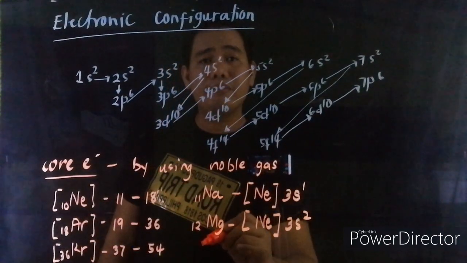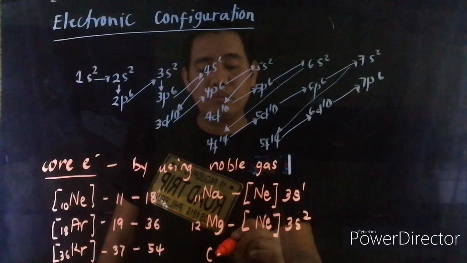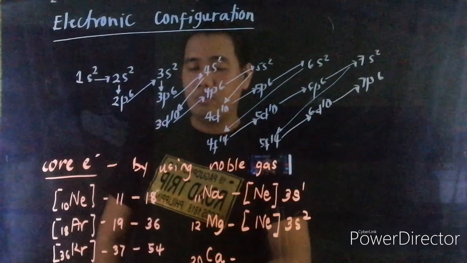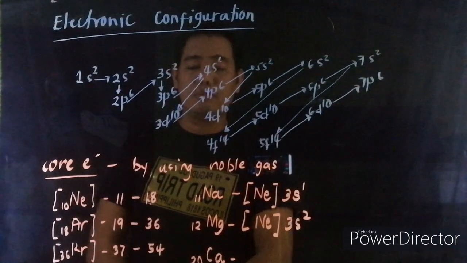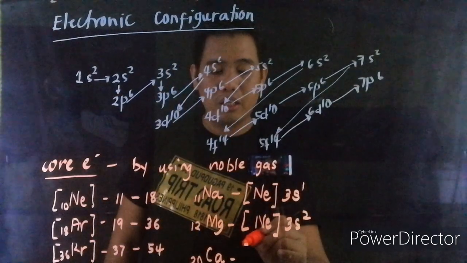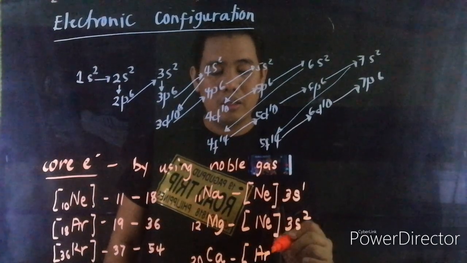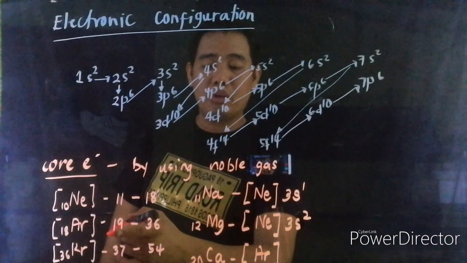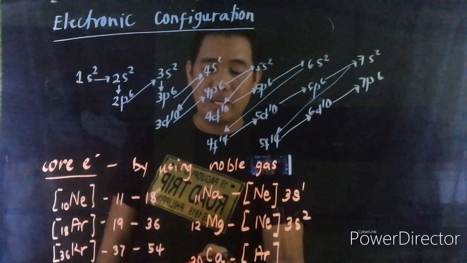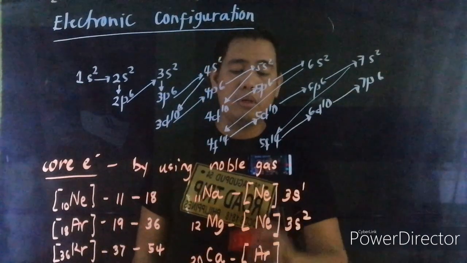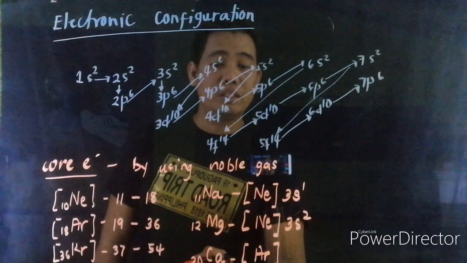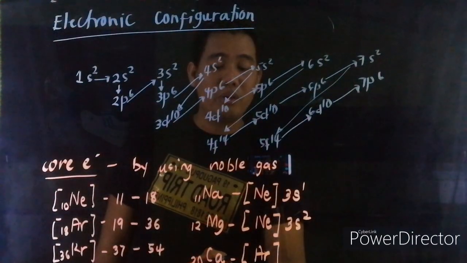And let's have calcium. So we have 20. So we can use, very good, argon, because this is the atomic number range. We have 20. So for calcium, how many more left?